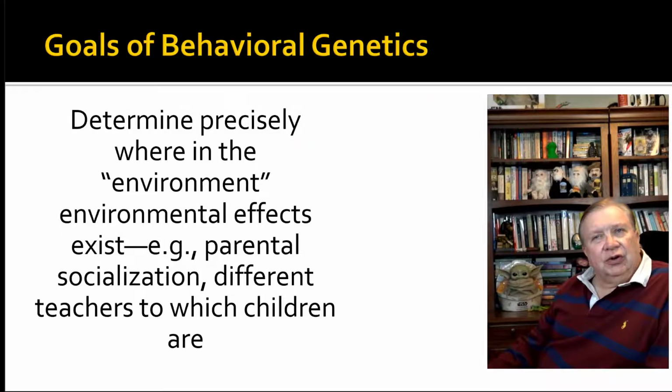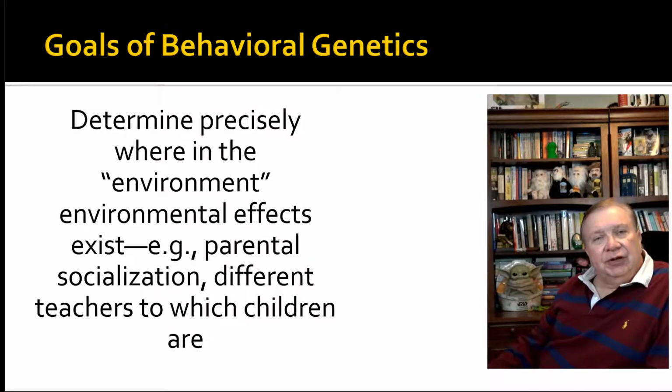So, the goals of genetic research is to look at what environmental effects change an individual in relation to their genes. And these might be things like socialization, different teachers that children have in the same family, things like that.